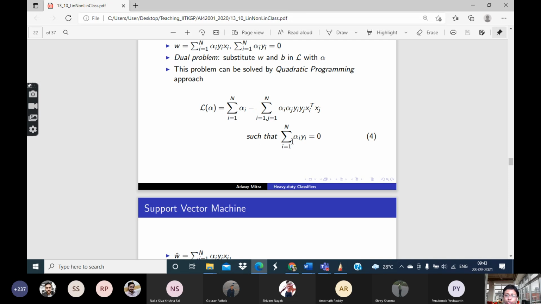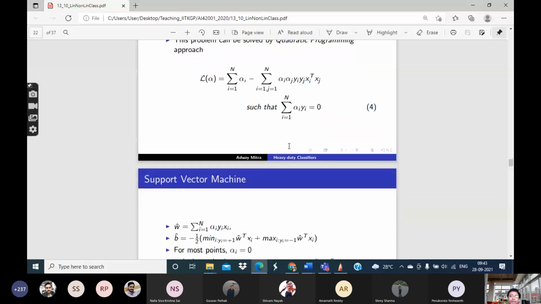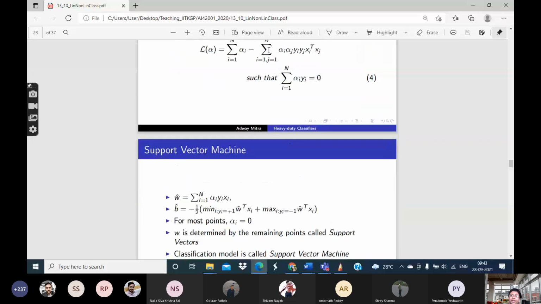I will not tell you how to solve this. Let us just assume that there are algorithms called quadratic programming to solve this. There are standard toolboxes for solving them. Ultimately, you will get the values of the lambdas.